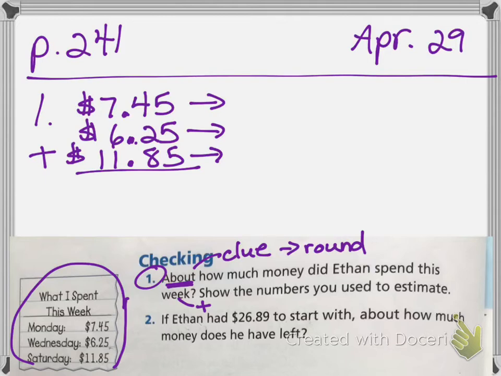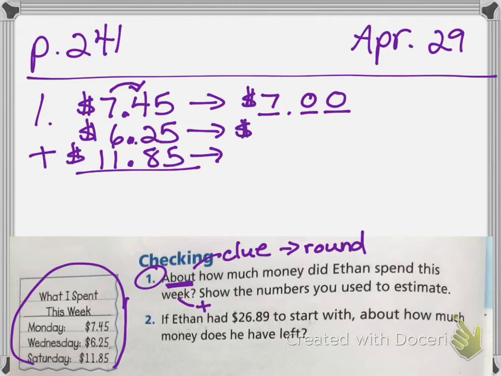What do we look at to decide whether it's closer to $7 or $8? We look at the 4 because that's the next closest number. So what I would like you to write right here, pause the video and write the dollar that is closer to. Okay, the 4 tells us to go down, so that is closer to $7. Okay, so that's how we're going to write that out.